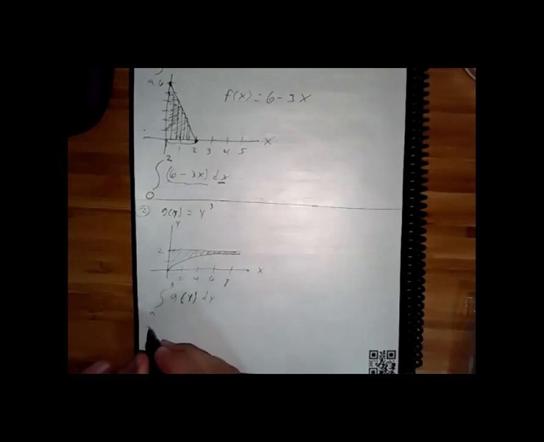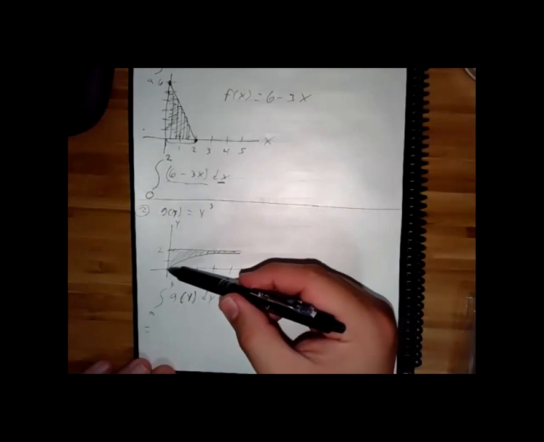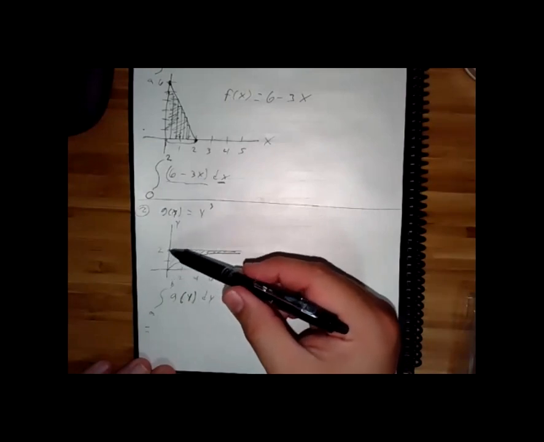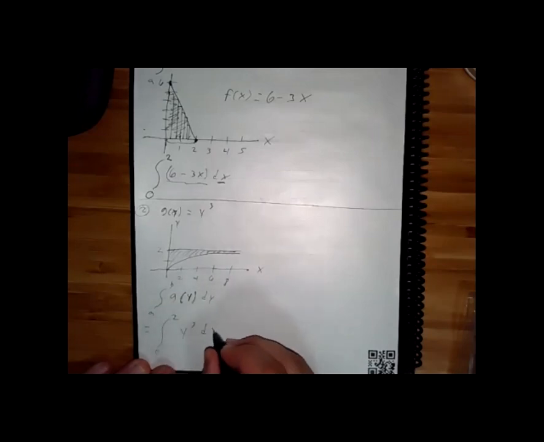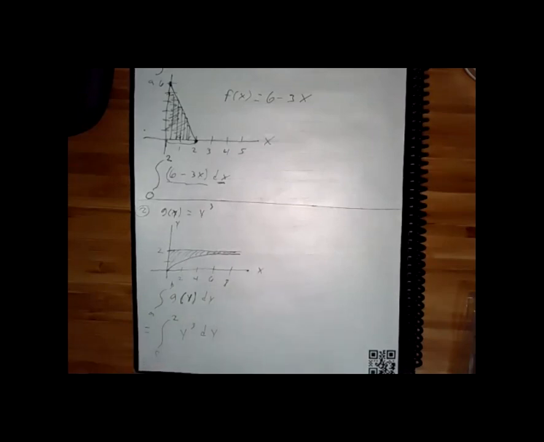All right. So since I have a dy, I need to look at the lowest point on the y and the highest point on the y. So it's going to be going from 0 to 2. And then you put your g of y function right here. And it's dy. So the function, your integrand, and your integral limits.